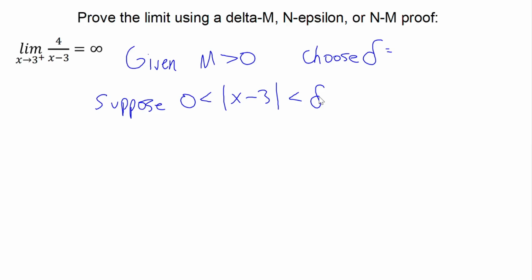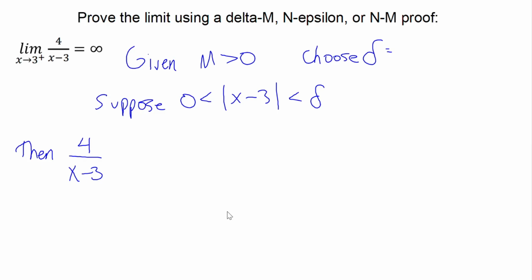Then we want to show that our function, 4 over x minus 3, is eventually going to be greater than M, where M is eventually written in terms of constants and delta. So that's our goal, but we're not there yet.